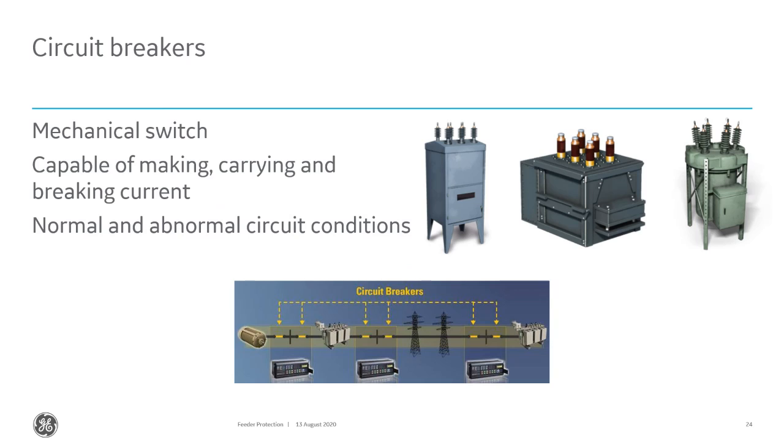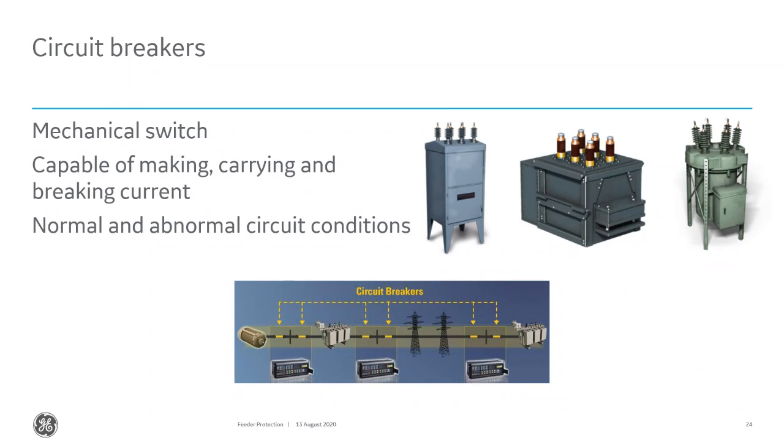In the bottom picture here, I'm showing the relays, or the brains behind it. The relay is responsible for telling the circuit breaker what to do. The relay tells it to open: I've sensed the fault, you need to open. It sends what we call a trip signal to the circuit breaker, and that trip contact will then energize the trip coil of the circuit breaker.